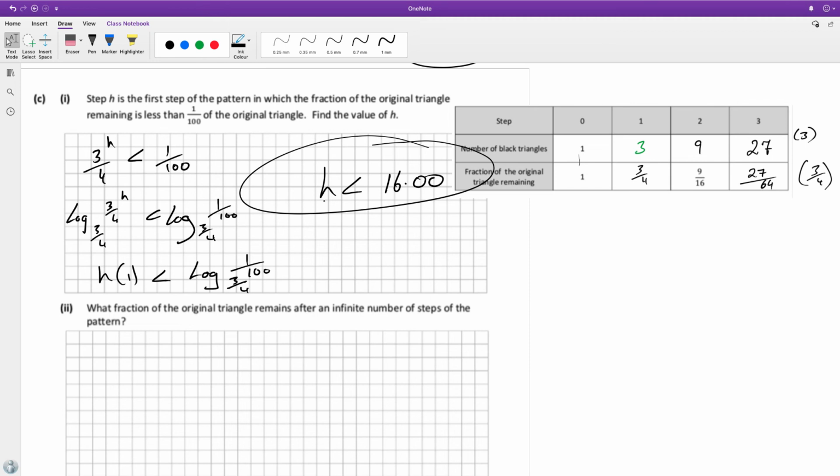No, log to the base 3 over 4 is negative. What happens to an inequality with a negative? Bring it over, or divide by a negative, you must flip the sign.